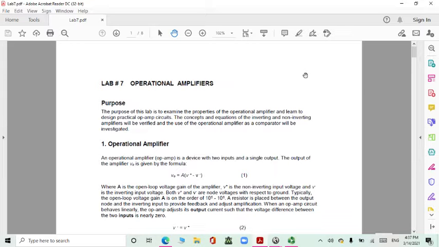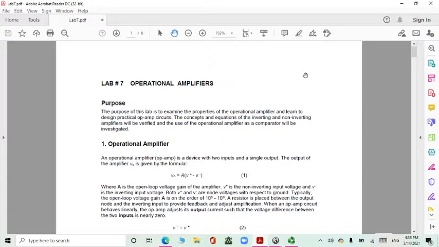There are different commercially available types of op-amps, but in this lab we are going to work with the 741 general purpose op-amp.